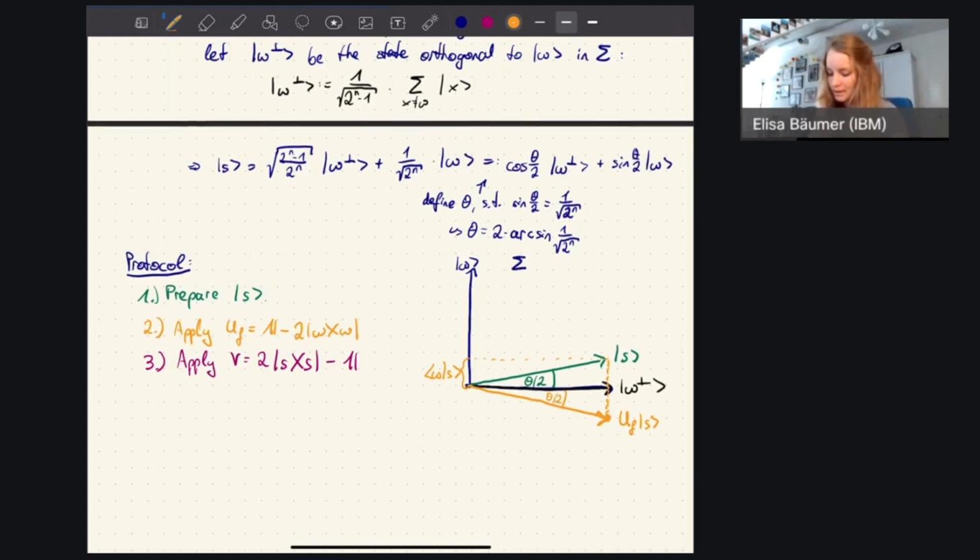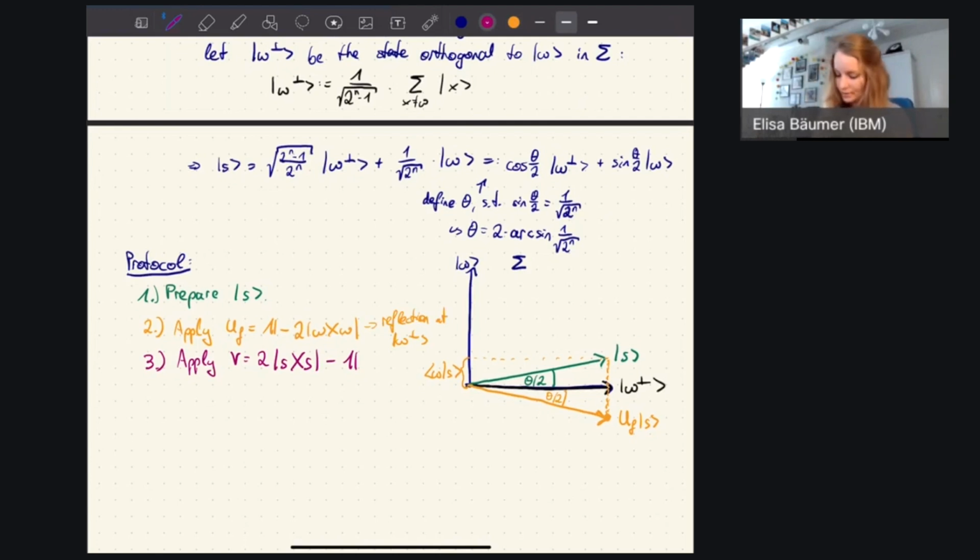So what this second step corresponds to is a reflection at W orthogonal. And this will always be the case no matter where we are. It will always be a reflection at W orthogonal. And then the third step is very similar.